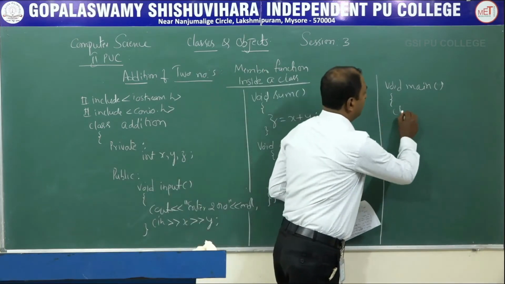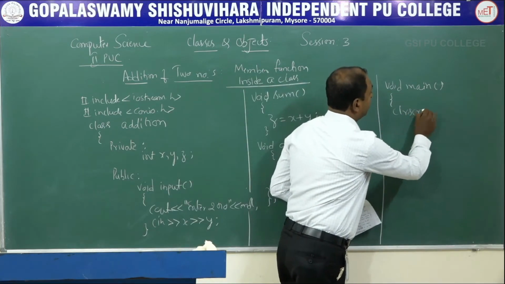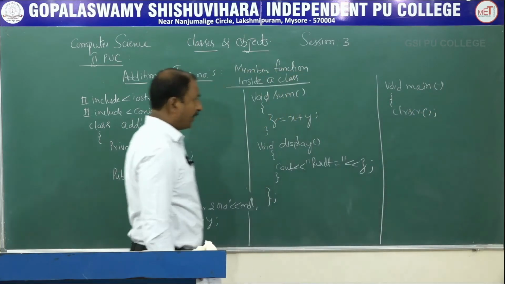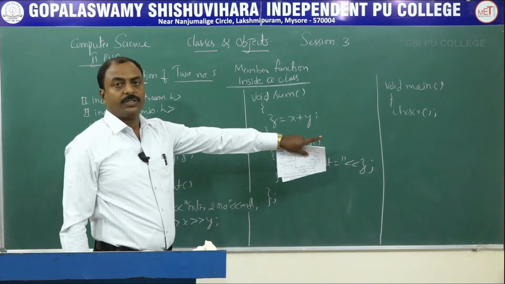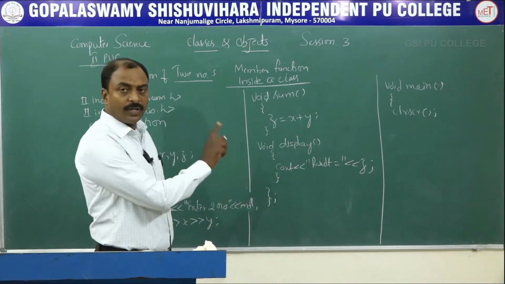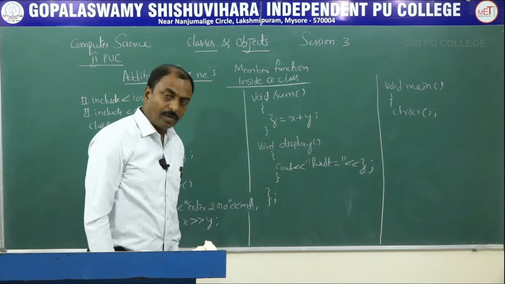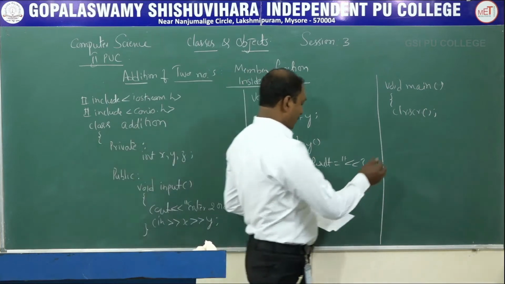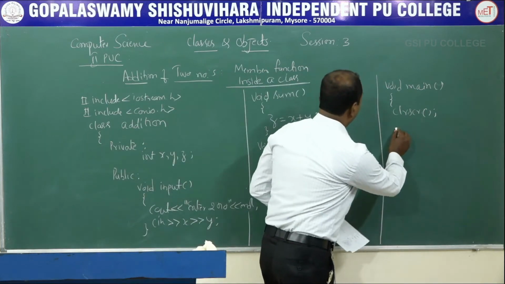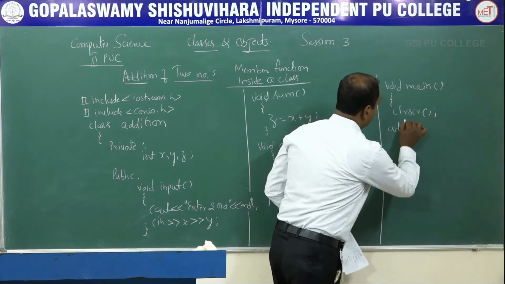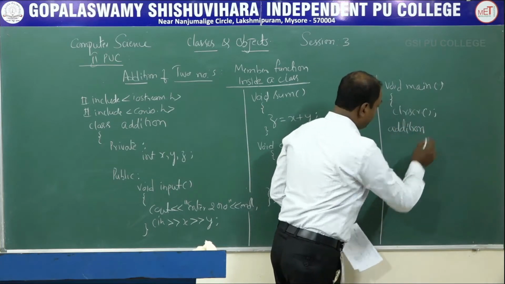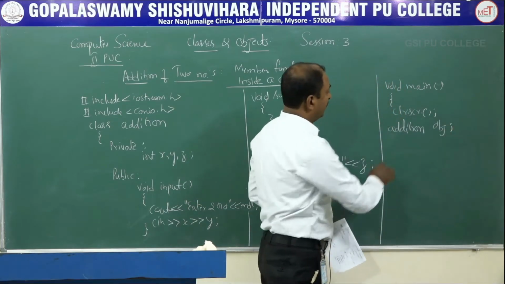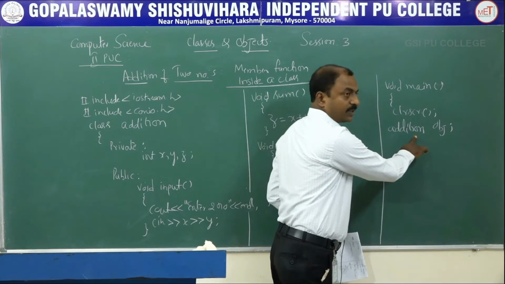Next, as the first line we usually say clrscr, and as I explained yesterday, the first step in the main function should be the creation of an object of the class addition. So yesterday we wrote here the name of the class, addition, then obj, which is an object of the class. This is the first line. It is supposed to be the first statement.